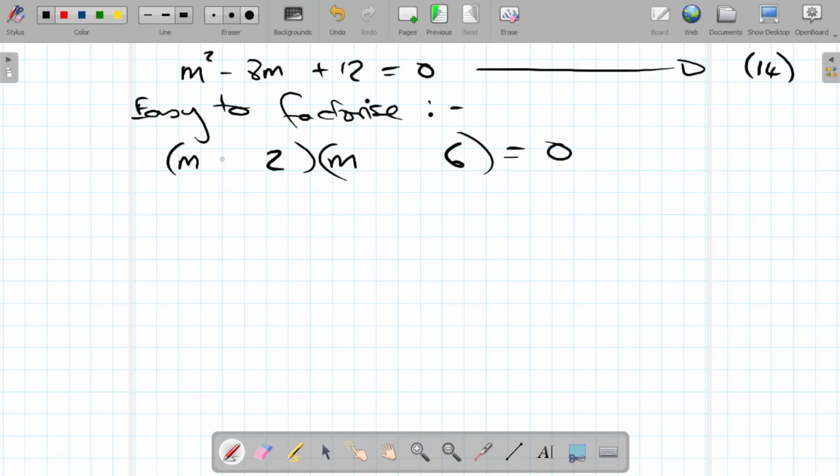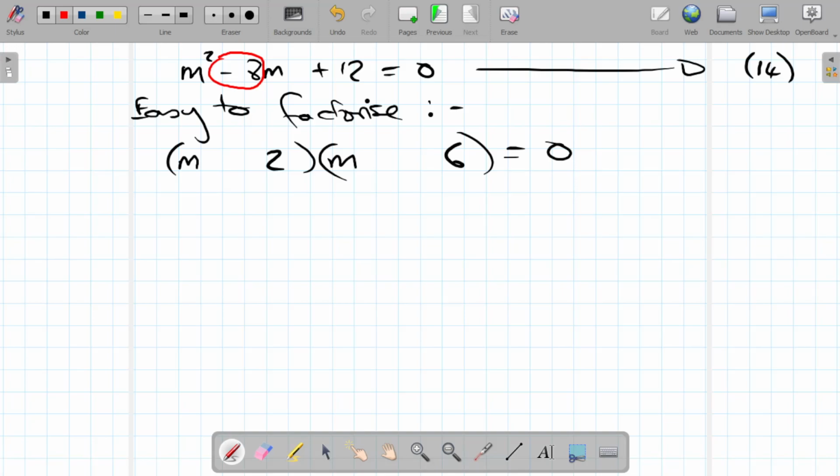So we either need an m minus 2 times an m minus 6, or we need an m plus 2 times an m plus 6. Well, if you think about it, this term is minus 8, right?